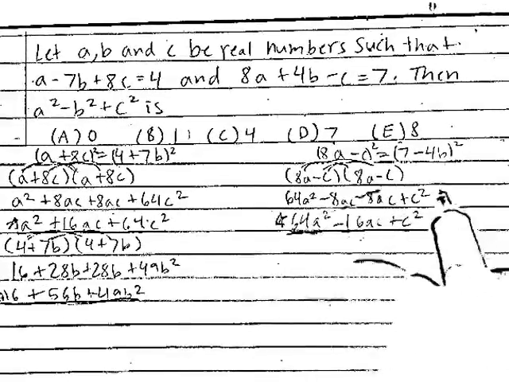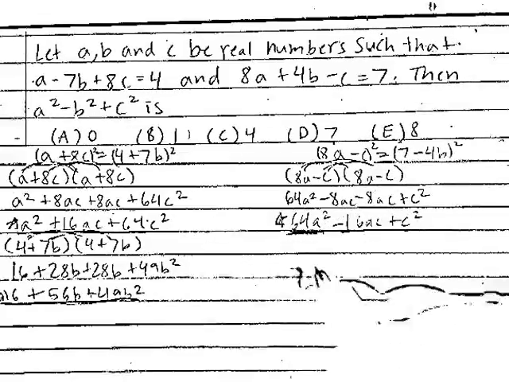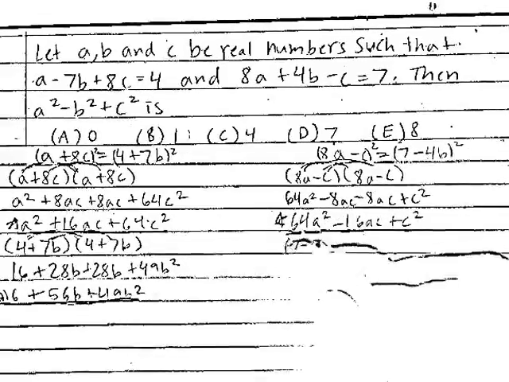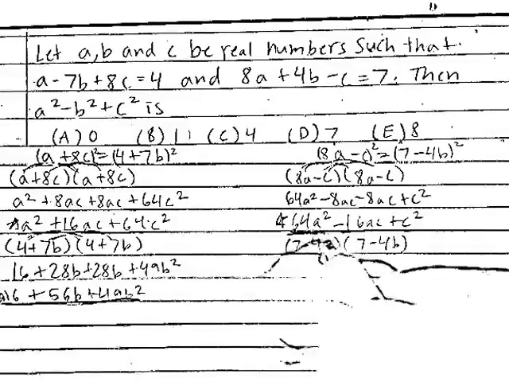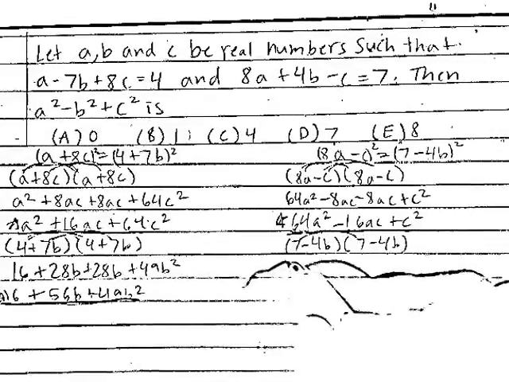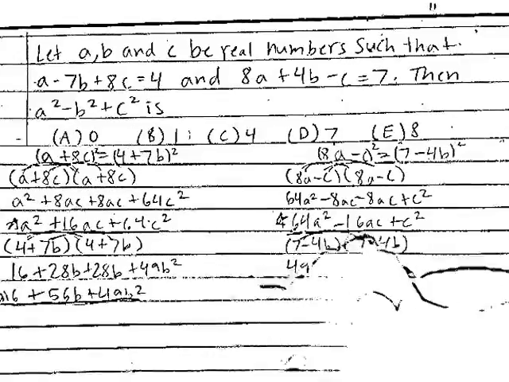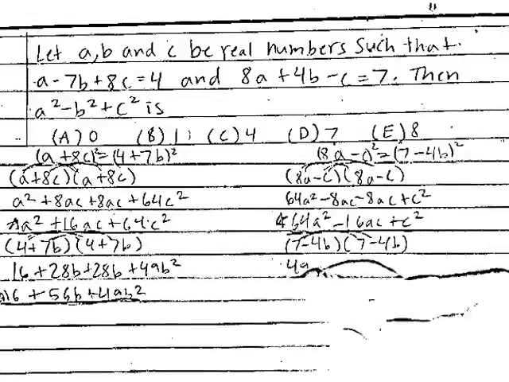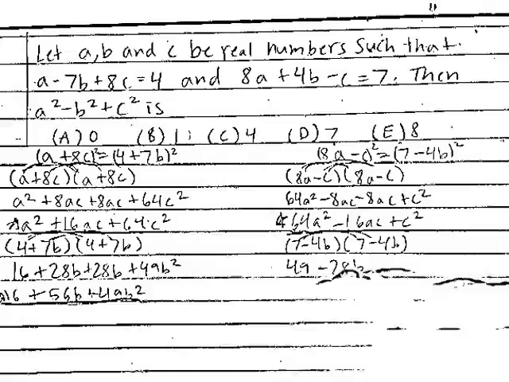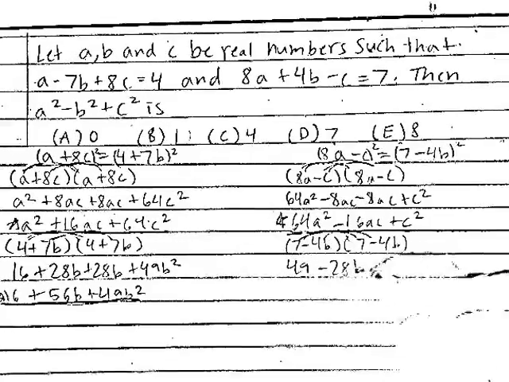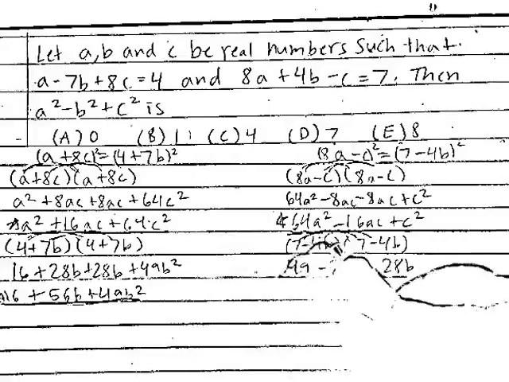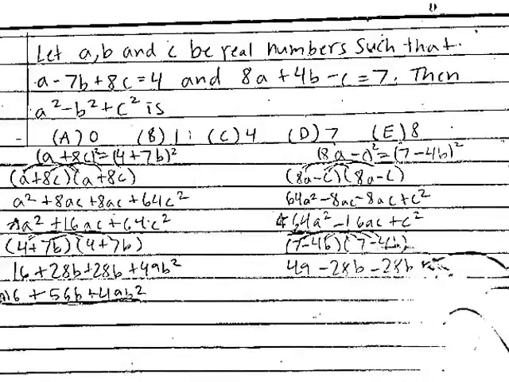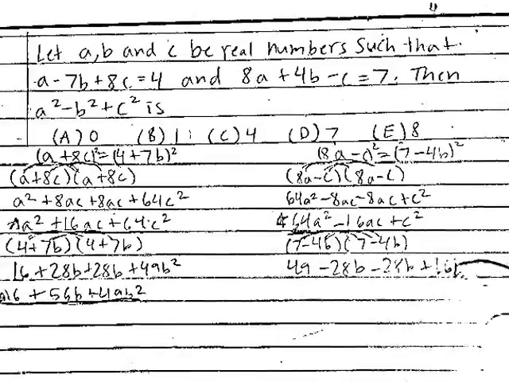And then now we're going to do it for this side, which is 7 minus 4b times 7 minus 4b, which first is 49, outer, negative 28b, inner, negative 28b, and last, which is positive 16b squared.